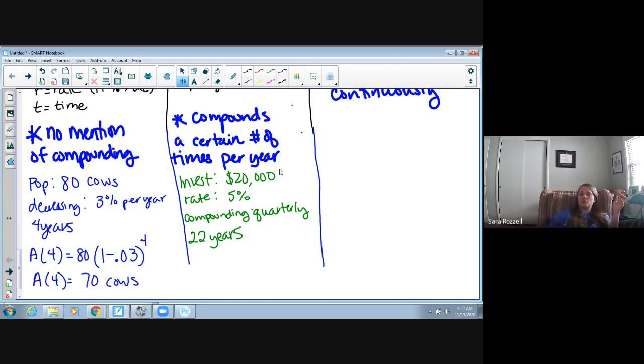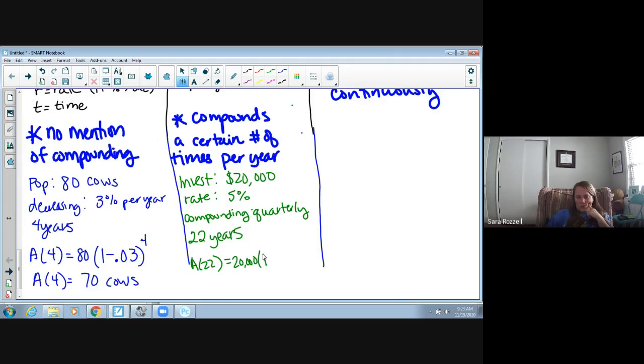If you invested 20,000 the day you were born, like you had that money the day you were born, when you finish college, let's see how much money you'd have in the bank. So here we go. We're going to go A of 22, so it's 22 years. Our principal is 20,000.